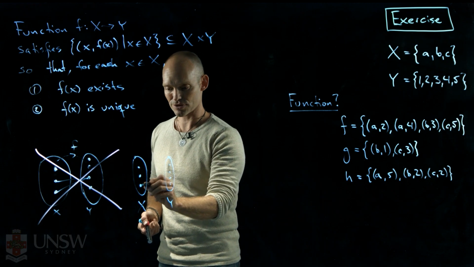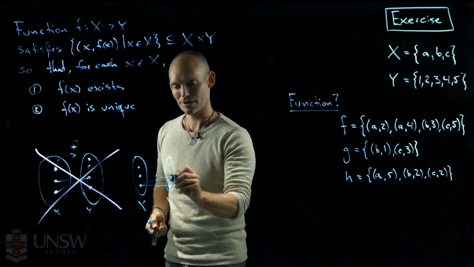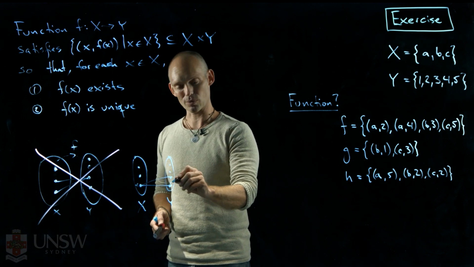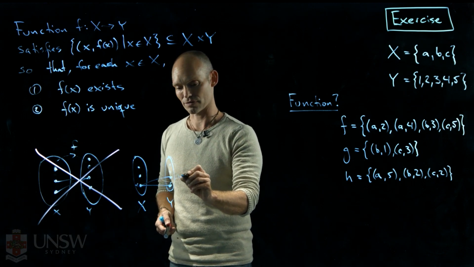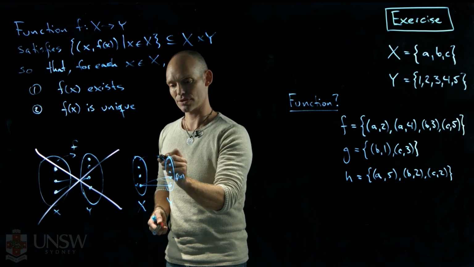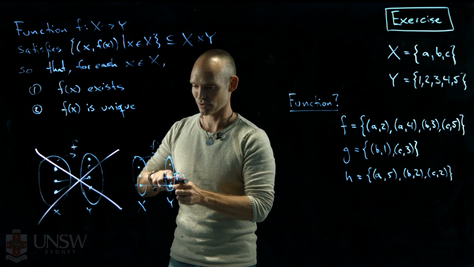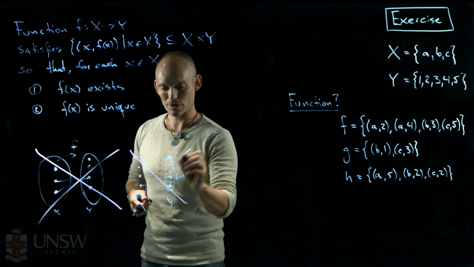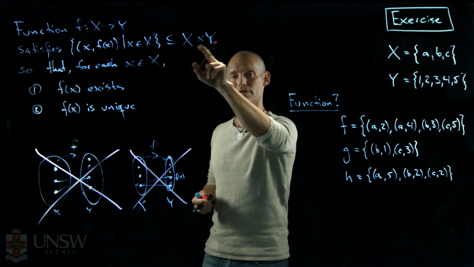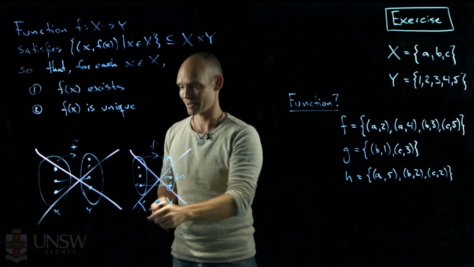So you don't want this sort of thing to happen, that this x here gets more than one function value, f of x. This is also a situation that may not happen if you have a function. So we can visualize functions as subsets of the Cartesian product that don't have this sort of thing occurring.